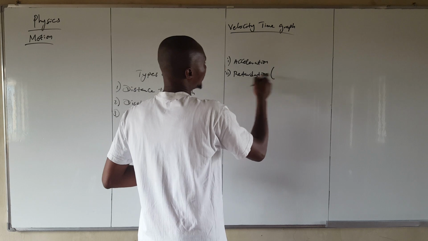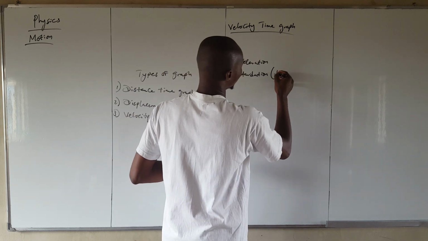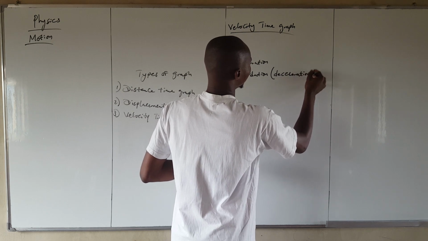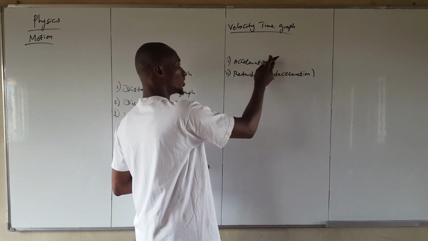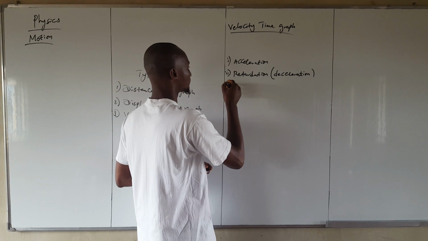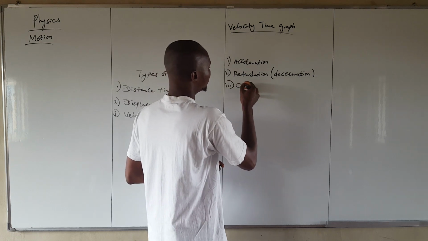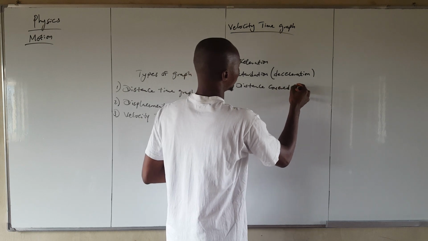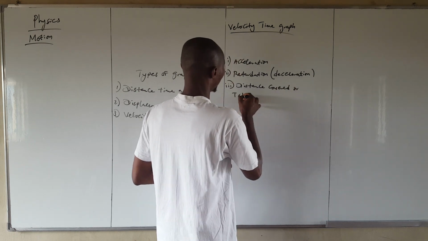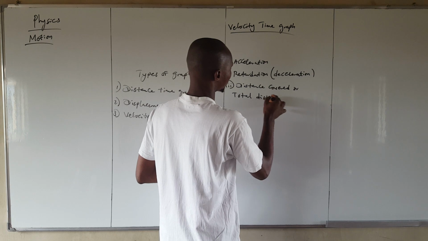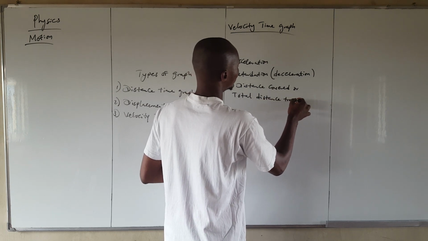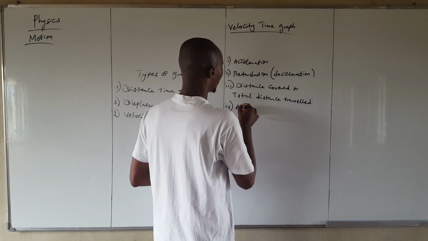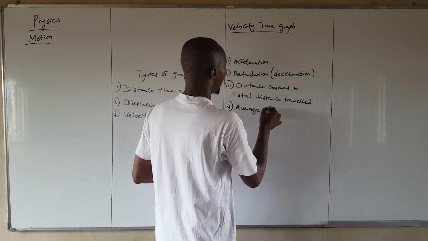In brackets, another name for retardation is deceleration, and of course, deceleration is the opposite of acceleration. Three, distance covered, or total distance traveled. Then four, average speed.